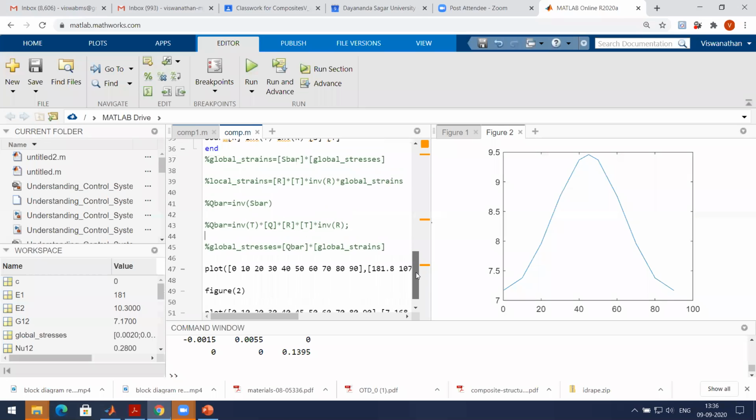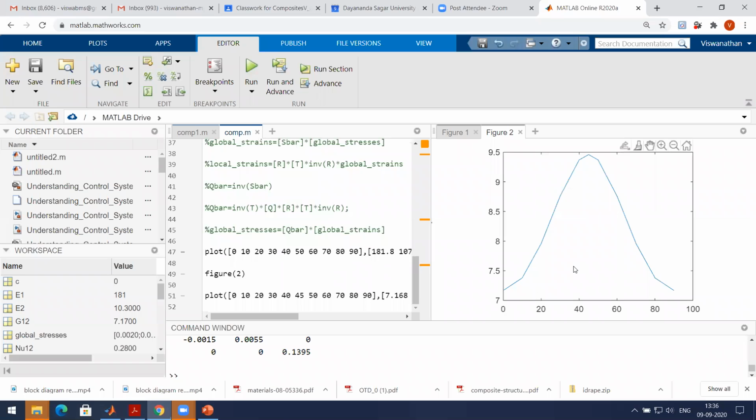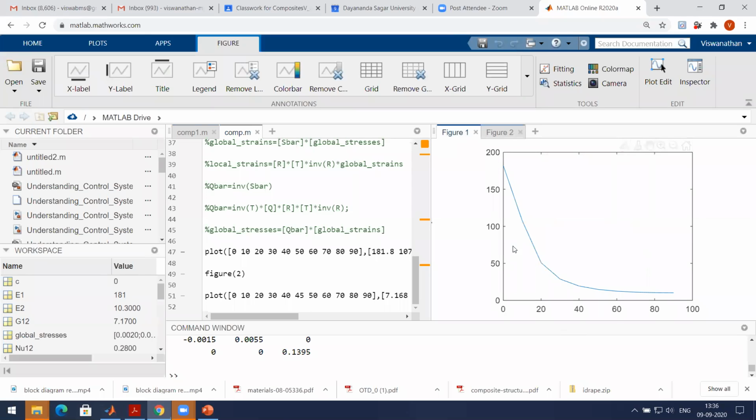Okay. No, sir. Okay. So I hope you have understood this variation of this EX with the angle of the lamina. So it reduces because there is a change in the angle. And here at 45 degree, the shear modulus is maximum.